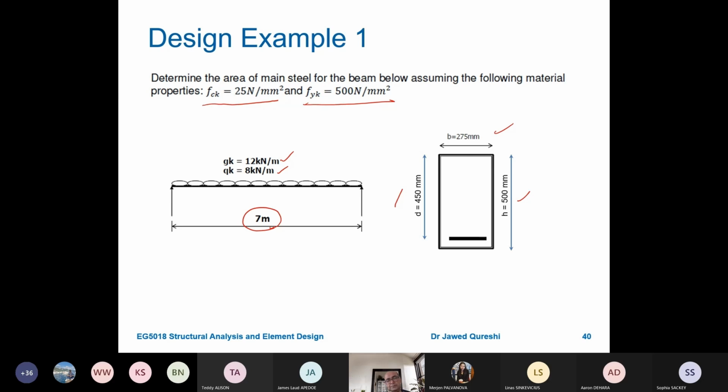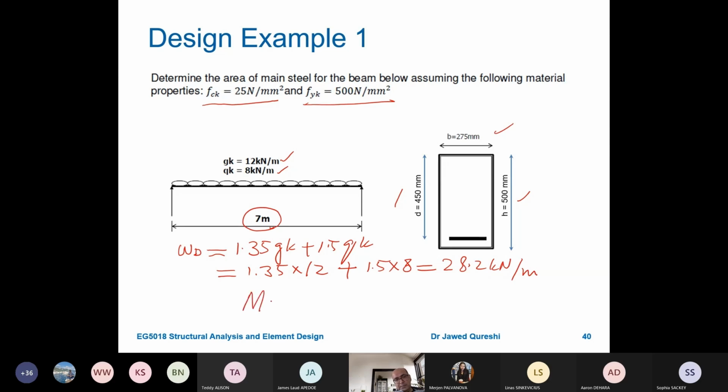So first things first, we will work out MED. First we will work out the design load. The design load is going to be 1.35 GK plus 1.5 QK. 1.35 GK is 12 plus 1.5 QK is 8. This will give me 28.2.